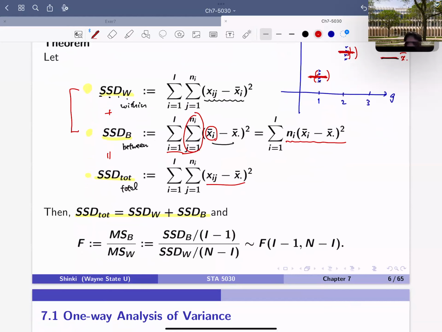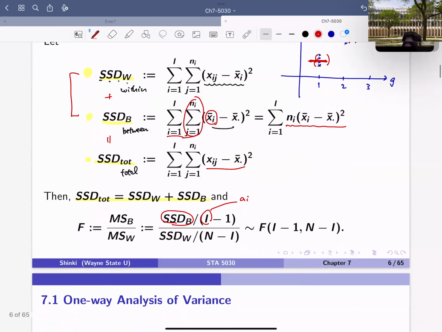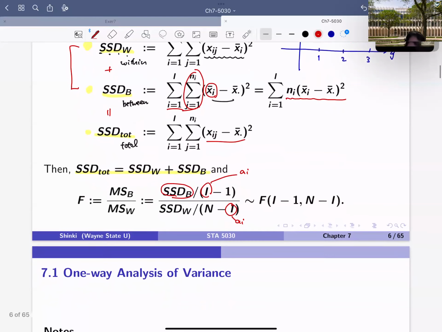If we take the ratio, at first we have to standardize this SS between by this I minus 1. It's a little bit hard to see, but this is I. And SSDW divided by N minus I. So this is I again. I is the number of groups.